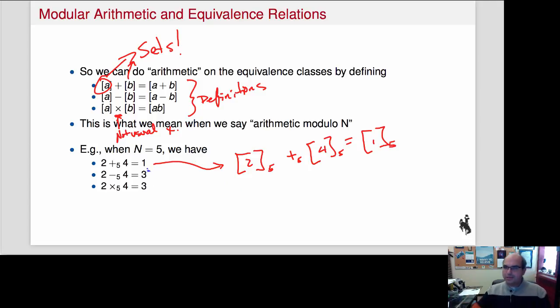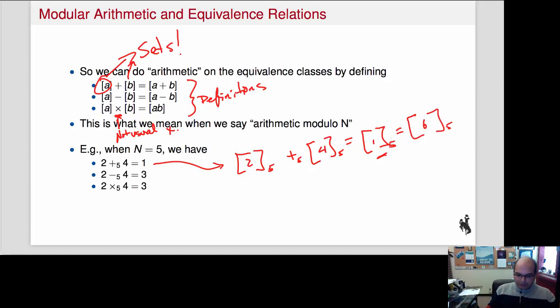That's really what we're saying, except we're being a little loose with notation. We say 2 plus 4 when we mean equivalence class, okay? And the answer is still just 1, right? Because 2 plus 4 is 6, which modulo 5 is 1. So the equivalence class of 1 is the same as the equivalence class of 6, right?